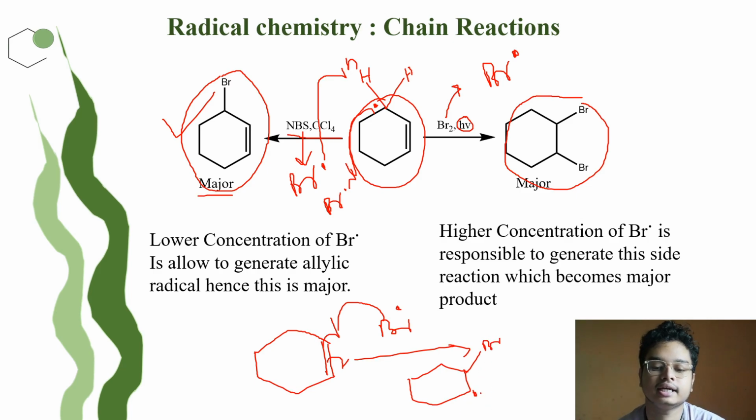This radical now goes to a termination step where another bromine radical combines to generate this compound as the major product. Due to the higher concentration, we get this type of selectivity, and in the case of lower bromine concentration, we get this other type of selectivity.